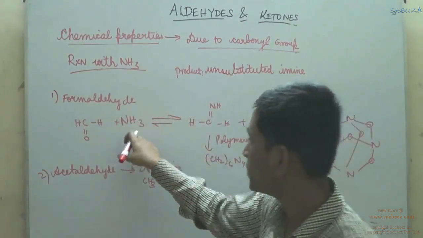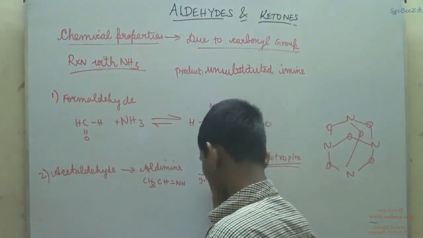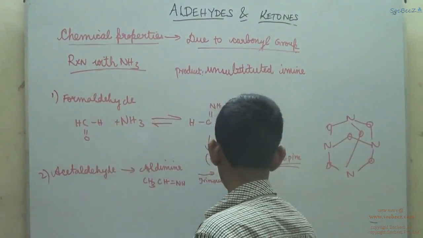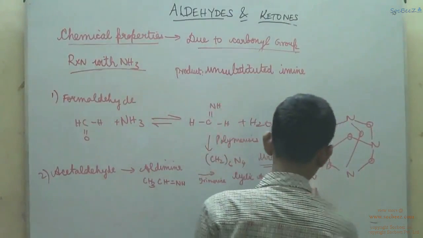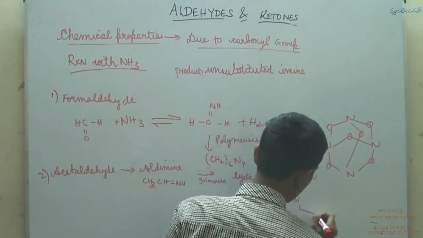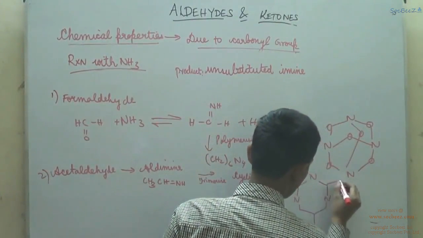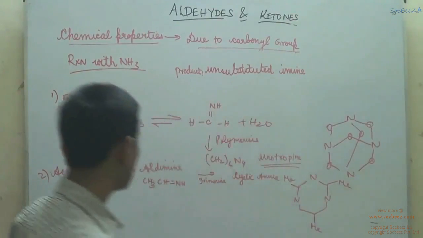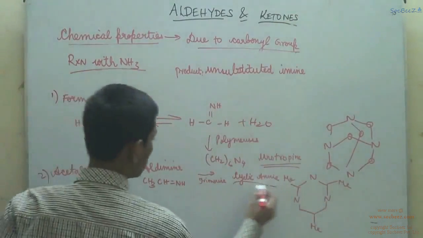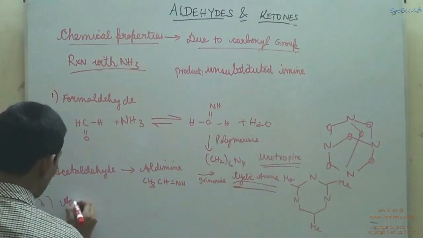Removal of a water molecule from this with ammonia, so you get the aldimine CH3CH=NH, and this trimerizes to form a cyclic amine, which is formed by trimerization with acetaldehyde.